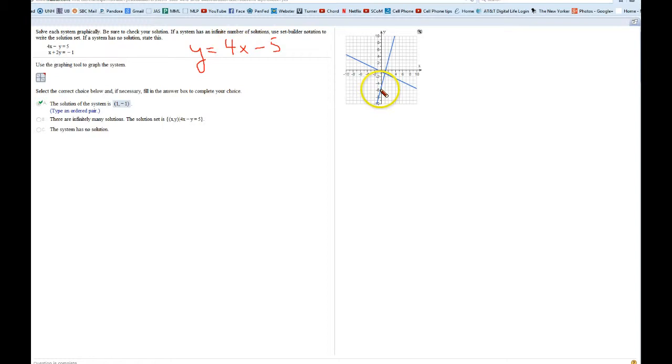So we had my y-intercept right at -5. We wanted to go over 1 and then up 4, and that would have clicked it right there.